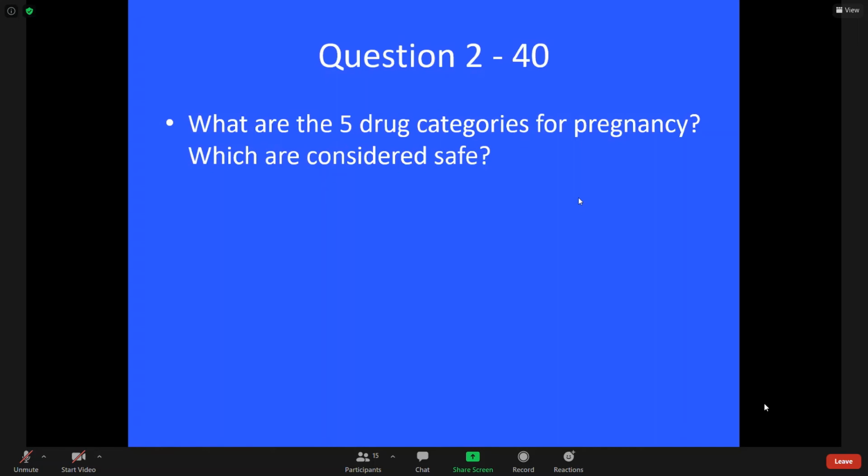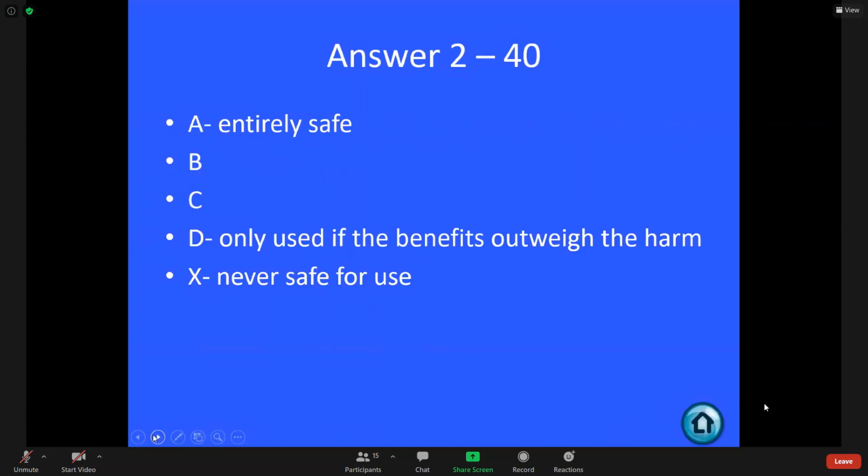I believe it's just A and B. A, B, and C. D is considered safe for mother, but not safe for baby. And D or X is not safe for fetus at all. So when you look at category X, it's not safe for the fetus at all.